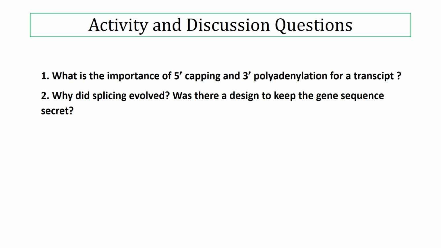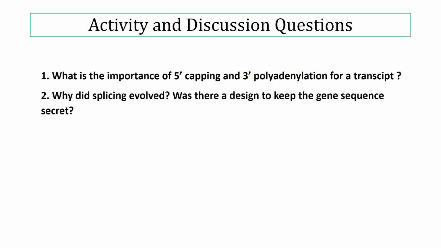So, with this I will come to the activity and discussion question. What is the importance of 5' capping and 3' polyadenylation for a transcript? The answer to some extent I have given. This is for the protection of this RNA.